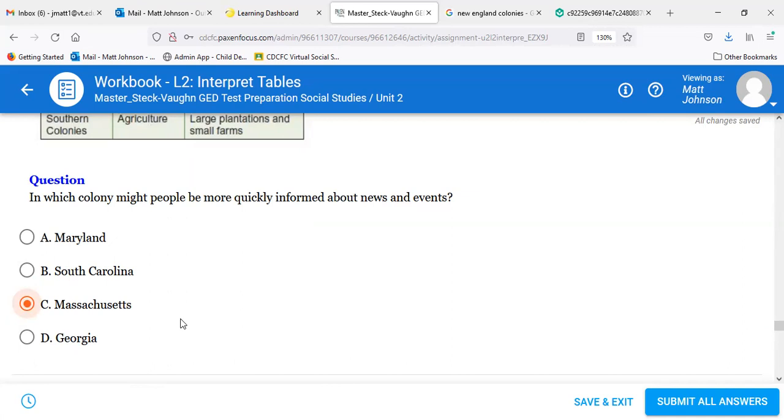It's much sparser. Around Massachusetts, around the New England area, you get news from overseas coming into the ports there, and it's much easier to transfer because your population density is a lot higher. So C is in cat.